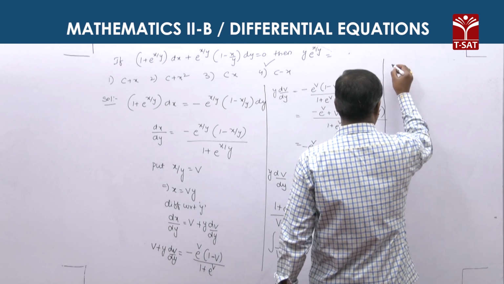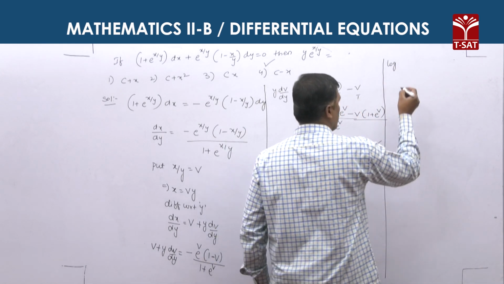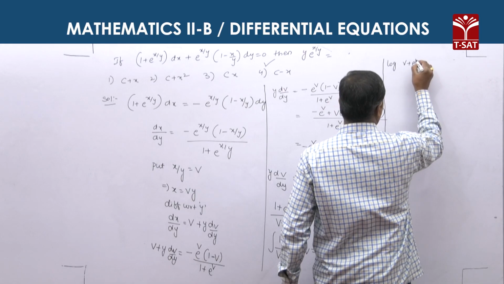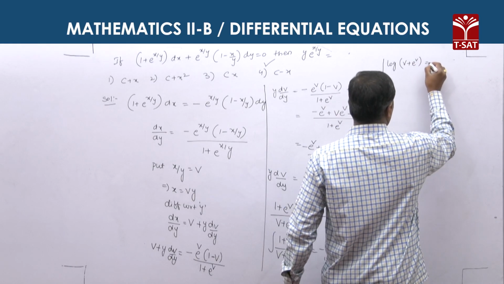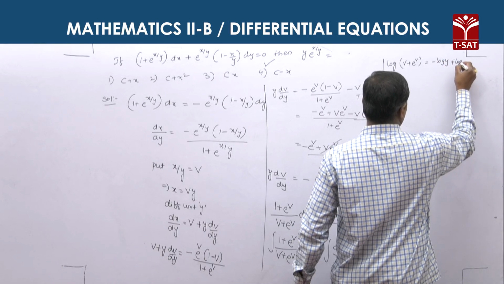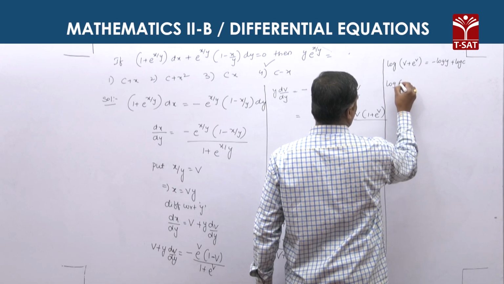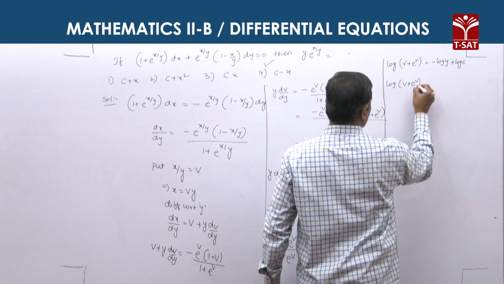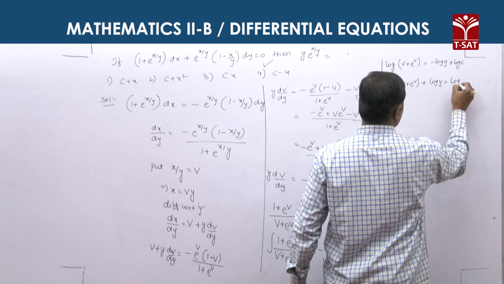Log f of v is log of v plus e power v, which is equal to minus log y plus log c. Taking logs, log of v plus e power v plus log y is equal to log c.